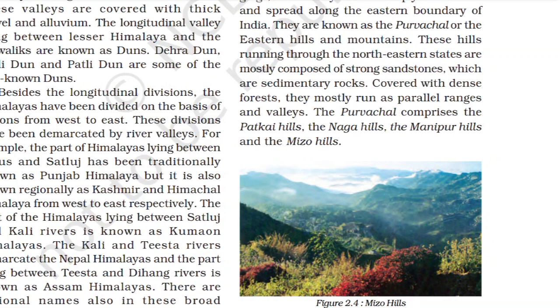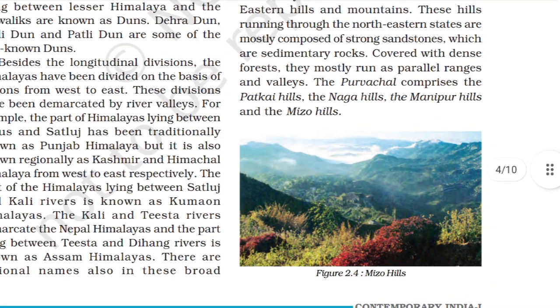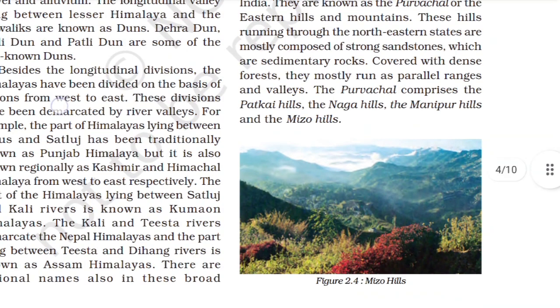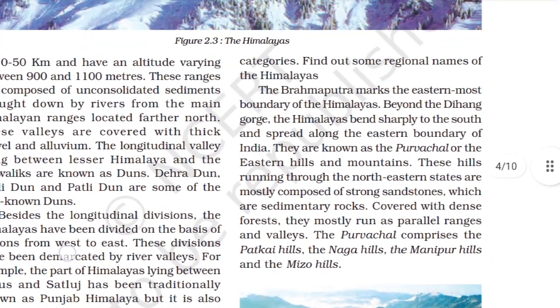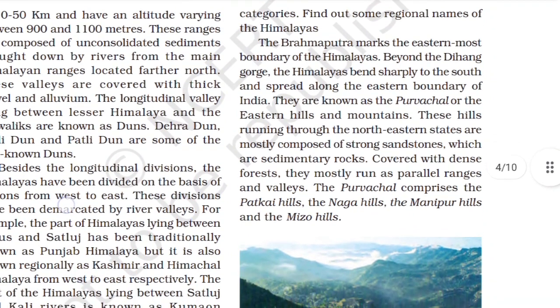The part of the Himalayas lying between Satluj and the Kali River is known as Kumaon Himalayas. The Kali and Teesta demarcate the Nepal Himalayas, and the part lying between Teesta and Dihang River is known as Assam Himalayas. There are regional names also in these broad categories.